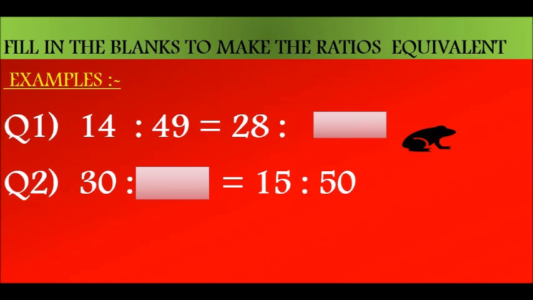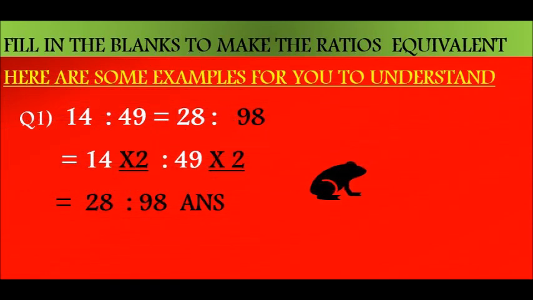So let's start with the first example. The first example, 14 ratio 49 equals 28 ratio 98. I've given you the answer here. 98 is the answer. Compare 14 with 28.